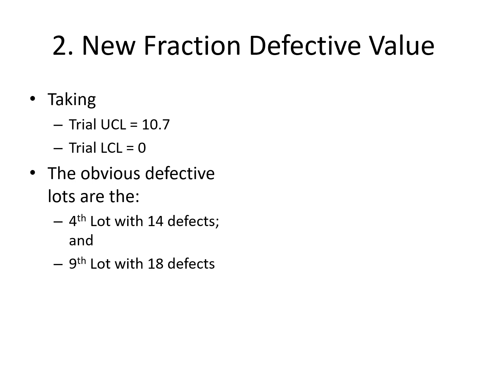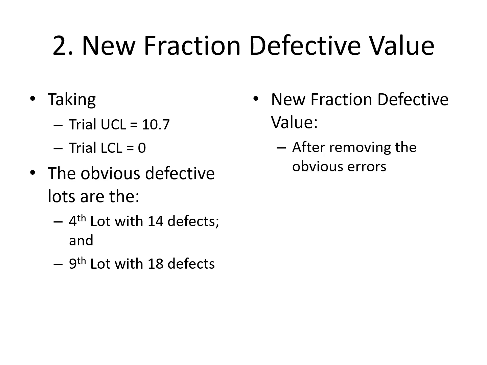Clearly, both 14 and 18 are way beyond the upper control limit of 10.7. So these are specific aberrations, and there must be some reason why they got so many defects, which we need to eliminate. So we will have to remove these two obvious errors, which are distorting our calculation.